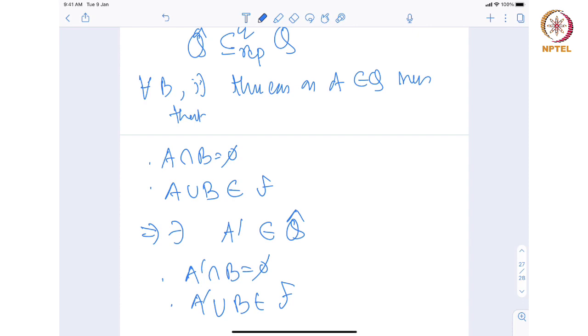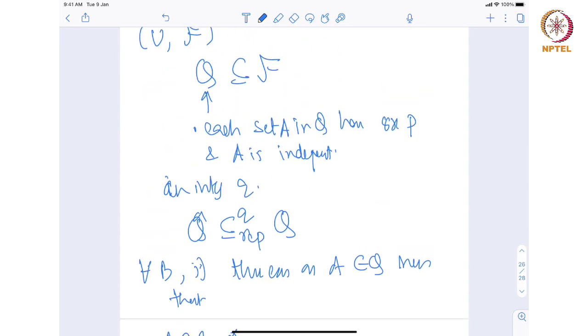So in some sense this representative set not only preserves disjointness, it also preserves independence.